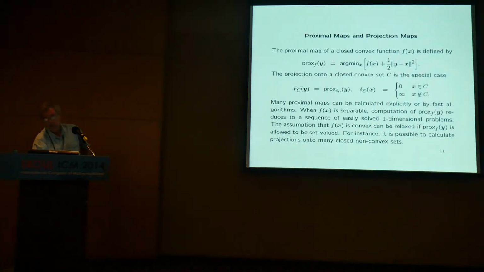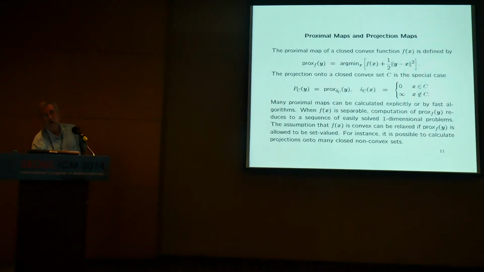And the place where that minimum occurs is the proximal map of f. Now, a special case of that proximal map is a projection map, where this function f is replaced by a convex indicator, which is 0 on a set, and is infinite off the set. And then in that case, the projection is taking an exterior point to the closest point on your closed set.